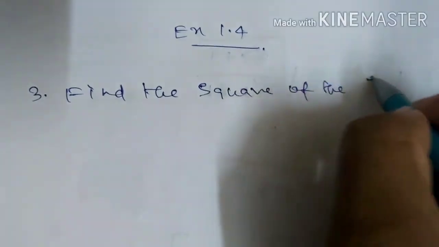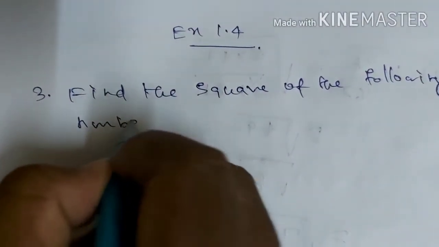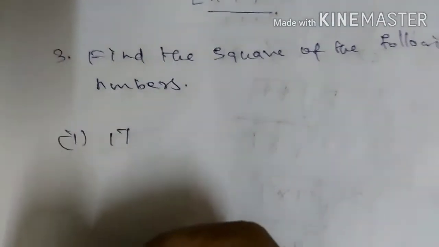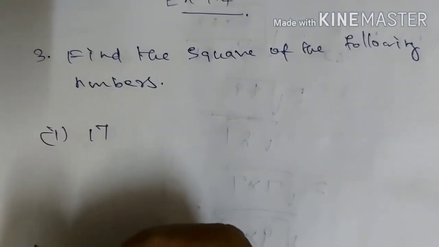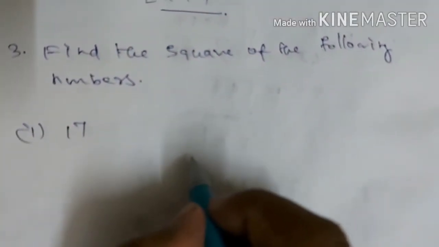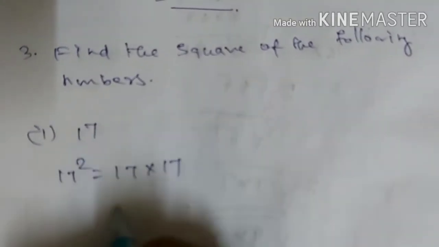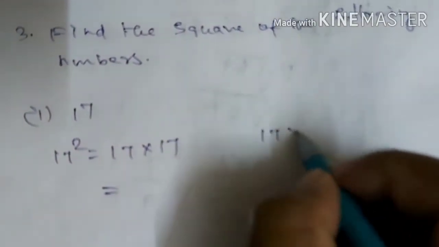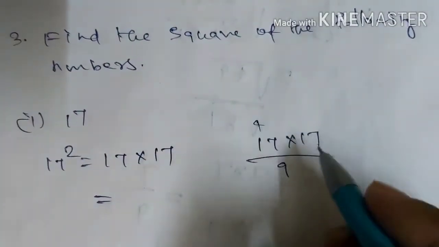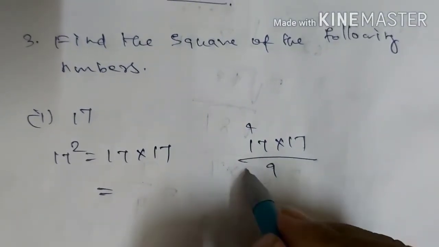First one, 17. So 17 square, how to write? 17 power 2 equals 17 multiplied by 17 equals 289.